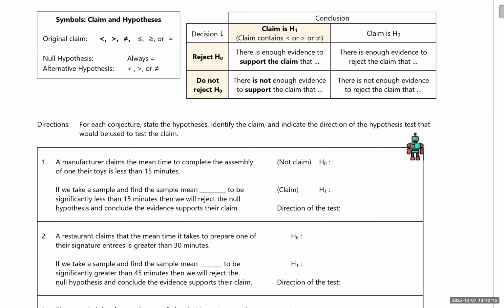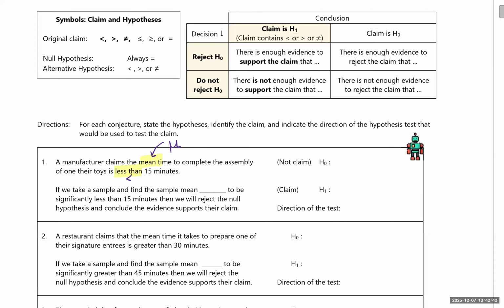The parameter that they are investigating or stating a claim about is the mean. Now remember that we're always trying to draw conclusions about the population. So they're claiming that if everybody in the world tried to assemble this toy, that population mean would be less than 15 minutes.